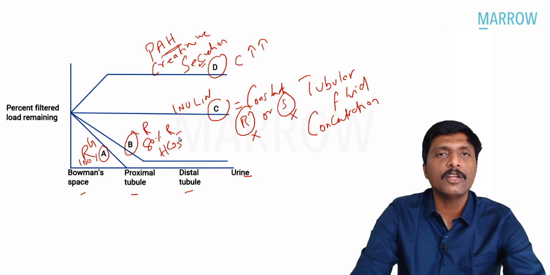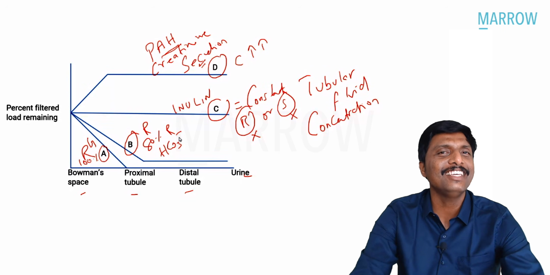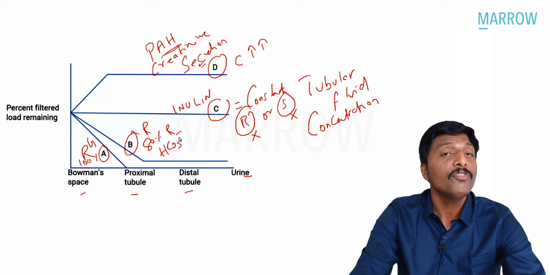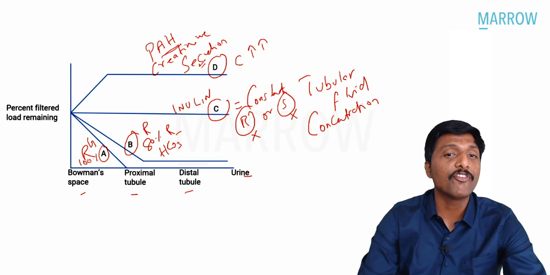When you see this question, what should you think? We are talking about tubular fluid concentration. If the concentration is constant, it is inulin. If the concentration decreases completely, 100% reabsorption, it is glucose; 80% reabsorption, bicarbonate. But if the tubular fluid concentration increases, it means they are undergoing secretion: you have para-aminohippuric acid and creatinine.